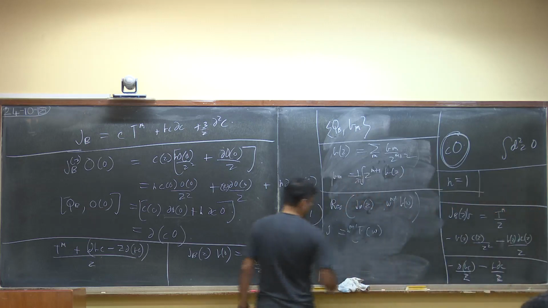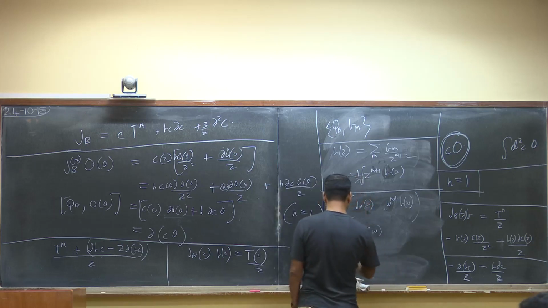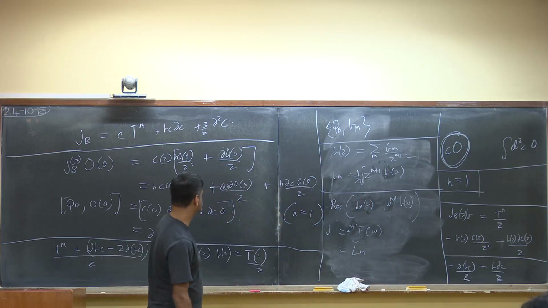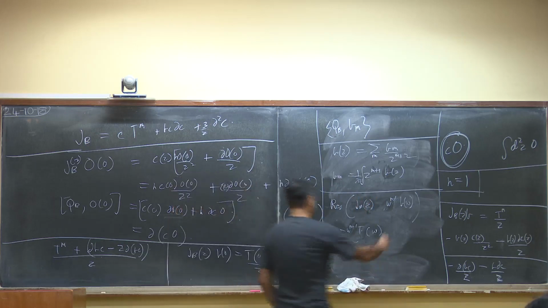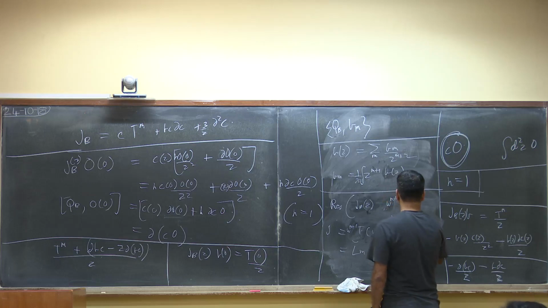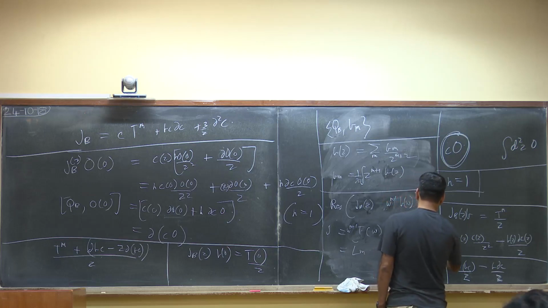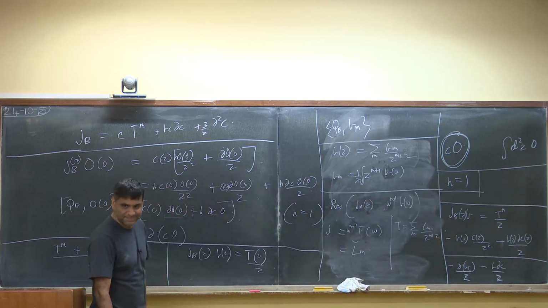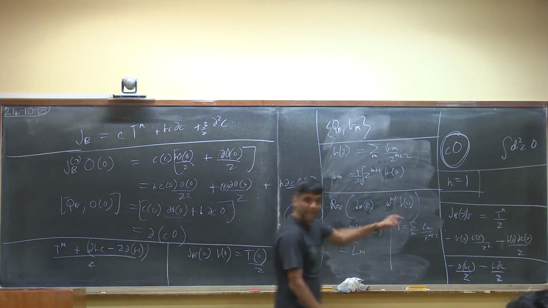Exactly. And therefore, this is simply Lm, because T is also expanded just like B. T is equal to the sum over m of Lm by Z to the power m plus 2. And therefore, if you multiply by W to the m plus 1, you pick out Lm.